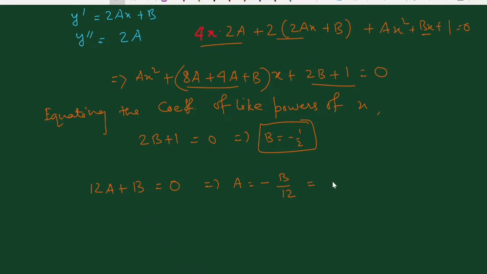If we put the value of b, this gives a = -1/12 times -1/2, which is 1/24.